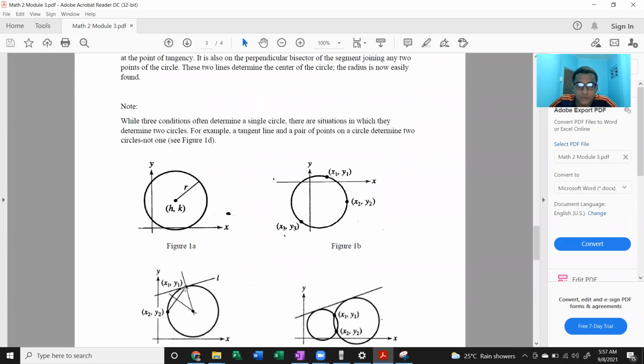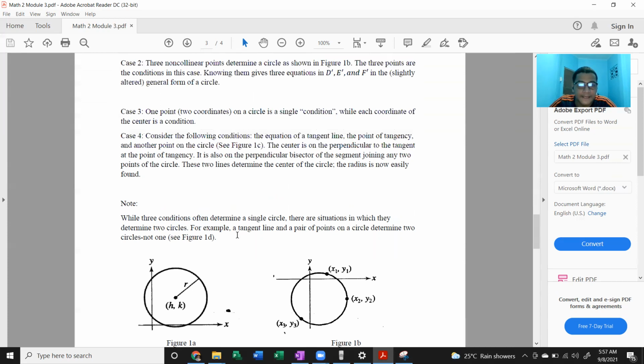Okay. So suppose this is the point of tangency, and this is the line perpendicular to our line 1, which is the tangent line. We know that this line is perpendicular to this tangent, right? The radius is always perpendicular to the tangent, and this line passes through the center. So this line coincides with our radius.